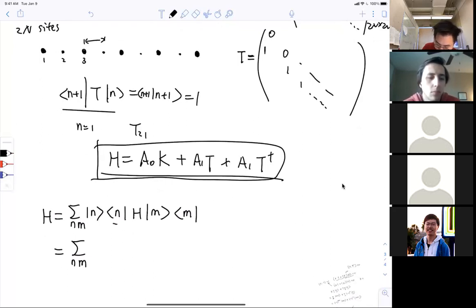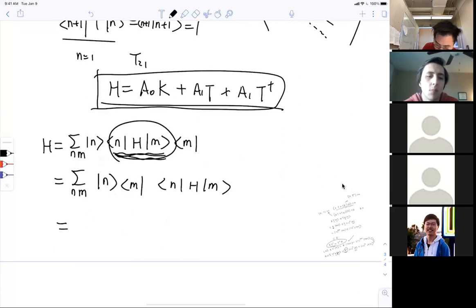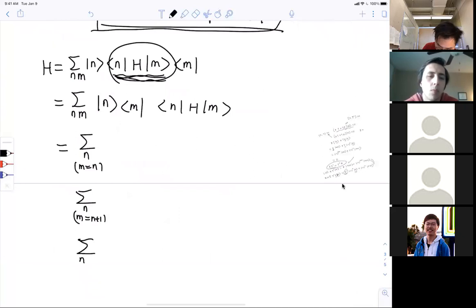So we only need to evaluate this matrix element <m|H|n>. This is a number, and it is non-zero only when m equals n, or m equals n plus 1, or m equals n minus 1. So there are three terms.